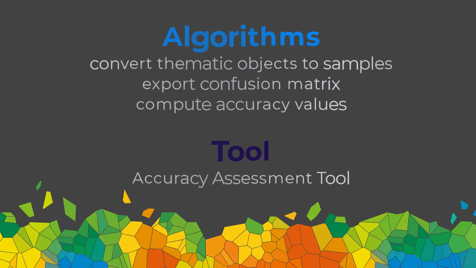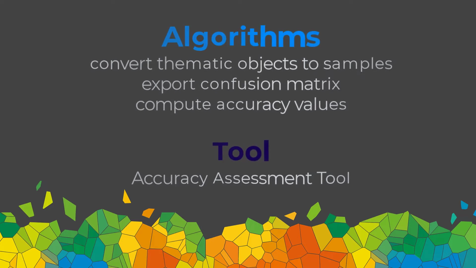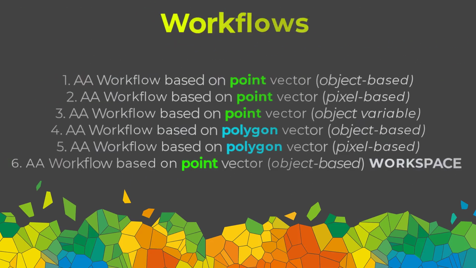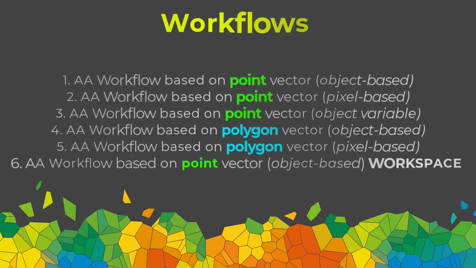And what I didn't show you is the compute accuracy values algorithm, but that's very simple. You can execute this one and it writes the overall accuracy and Cohen's kappa into variables, and then you can use those as thresholds or whatever in your rule set. And I think you also saw the advantage of the accuracy assessment tool, so you instantly can see the confusion matrix within eCognition yourself. And the workflows were different, object-based, pixel-based, and I also showed you object variables.